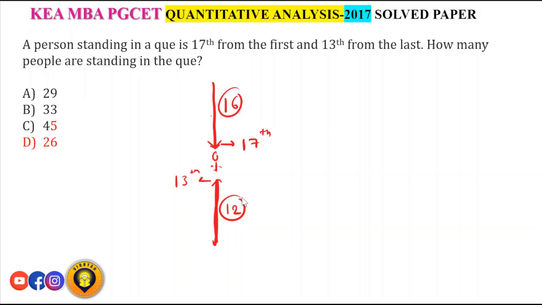So what will be the total people standing in the queue? 16 plus 12 plus this person. 16 is the number of persons standing ahead, 12 is the number standing behind, and this one you have to include. So 16 plus 12 is 28, 28 plus 1 is 29. Option A is the right answer.